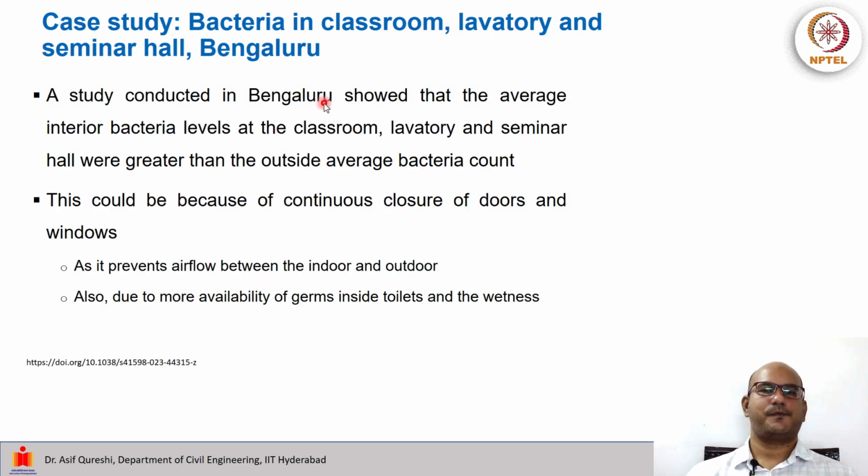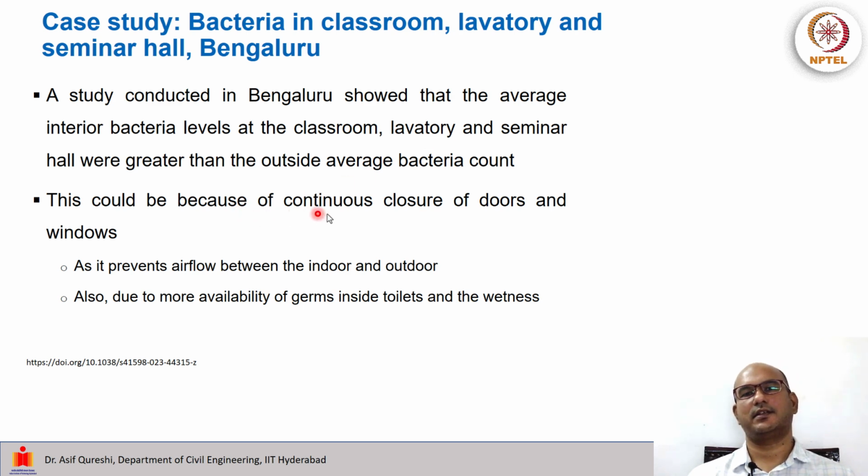In another place, bacteria were studied in classroom, laboratory and seminar halls, and it was shown that the average interior bacterial levels were greater than the outside average bacteria count, suggesting that again human activities are contributing some microbes to the indoor air.